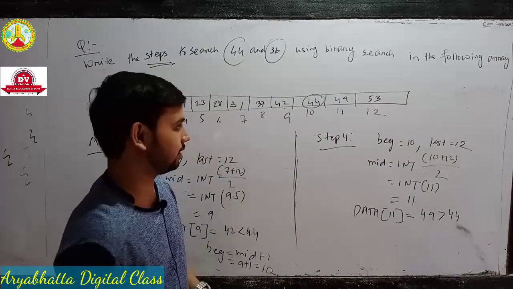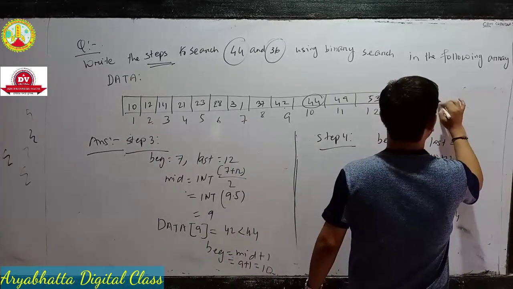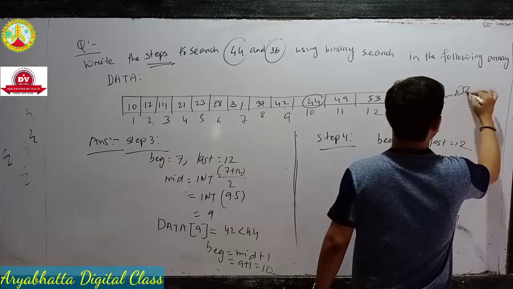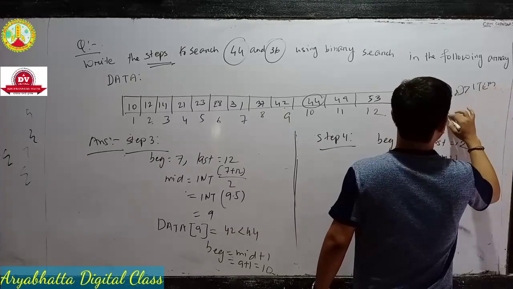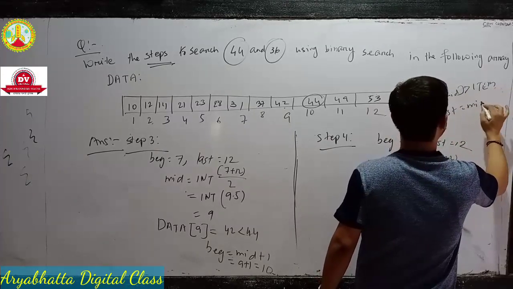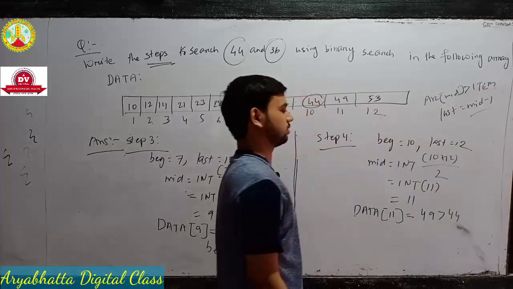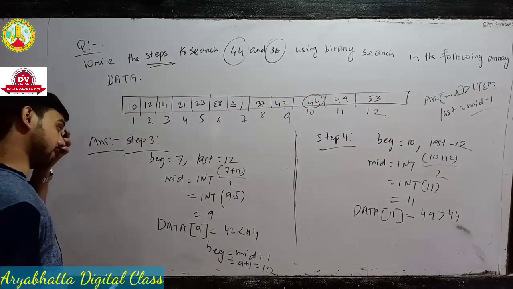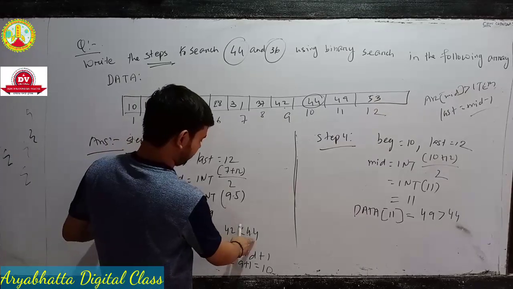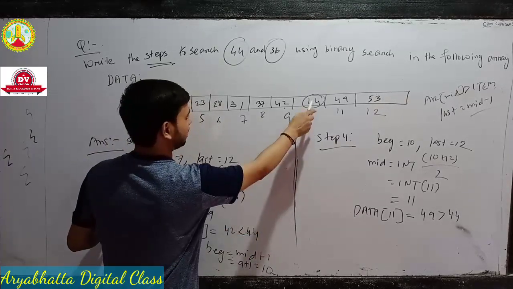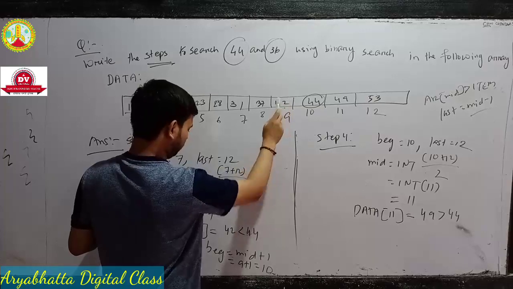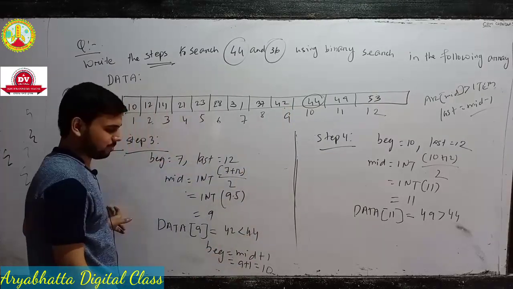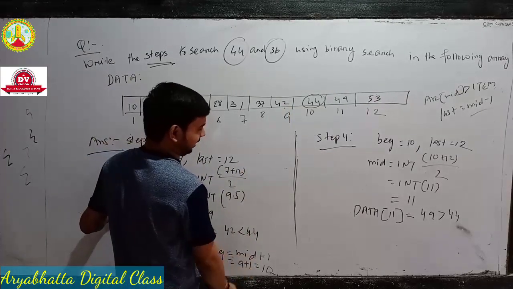Now this formula applies: last will be mid minus 1. Array mid 42 was less than item, so beginning became 10.